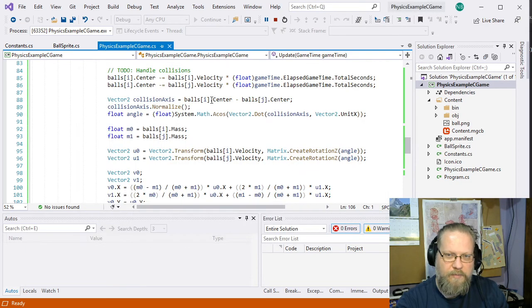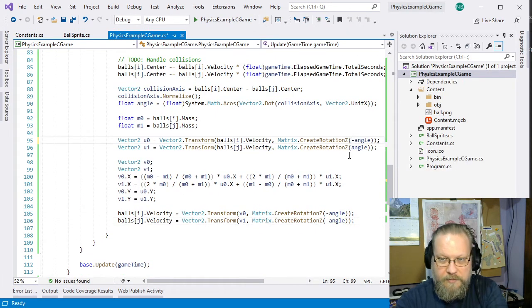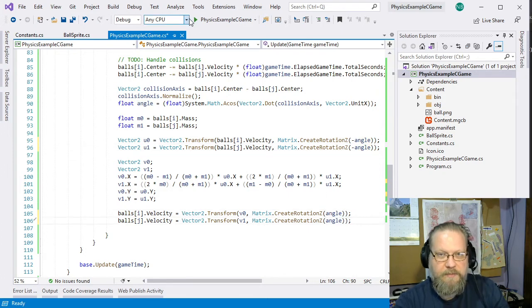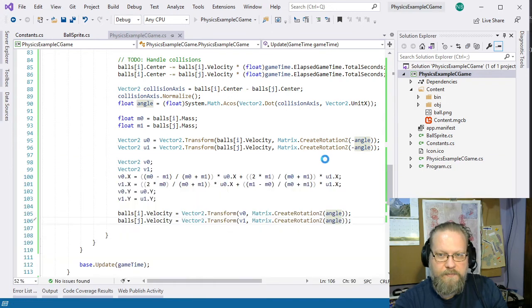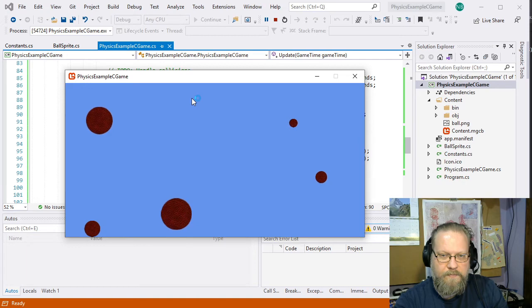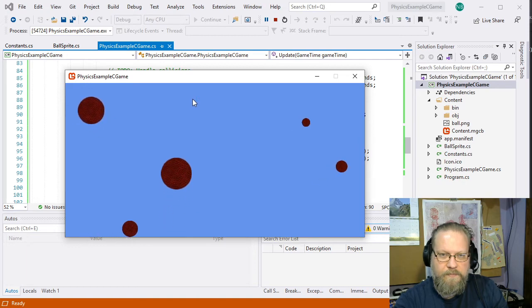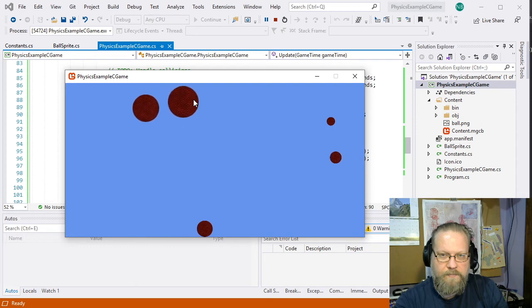You know what? I think we might have our rotations backwards. I think we need to rotate negative here, positive here. Let's see if that makes a difference. Yeah, that's much better.